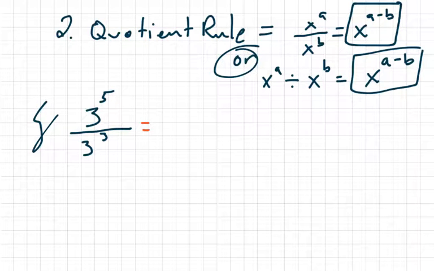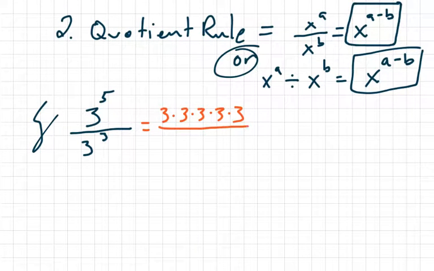So up top here, that exponent 5 is telling me I got to multiply 3 by itself 5 times. Now that's all divided by, again in the bottom, and now I've got a 3 multiplied by itself 3 times. 3 times 3 times 3.